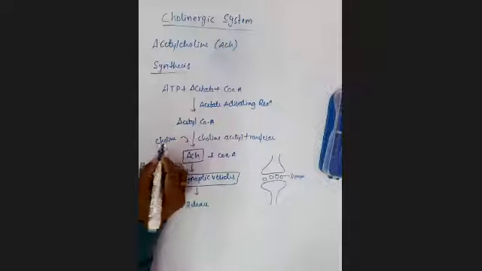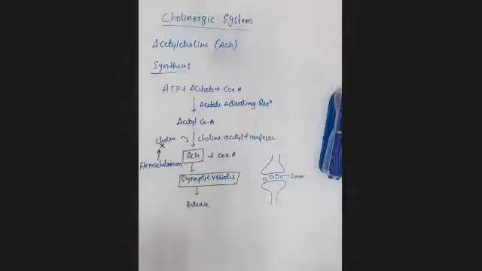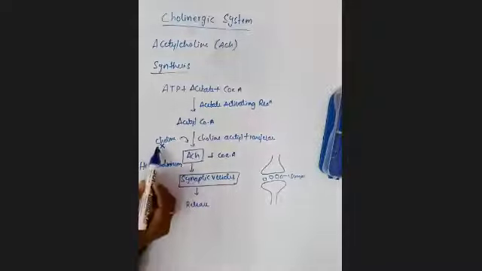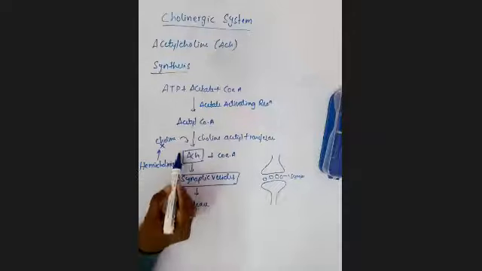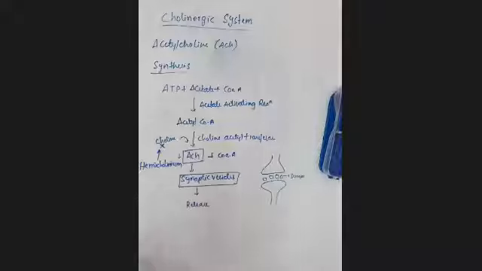This can block the uptake of choline molecules. Clear? If hemicolinium blocks the uptake of choline, obviously the synthesis of acetylcholine is going to be decreased.